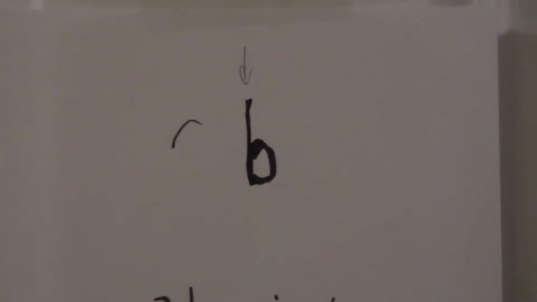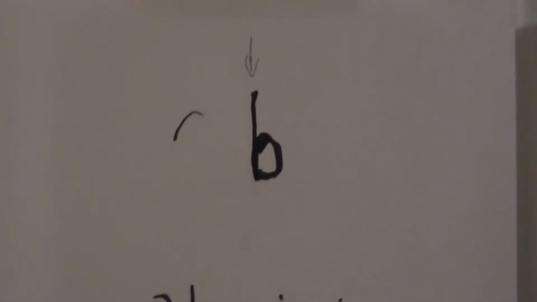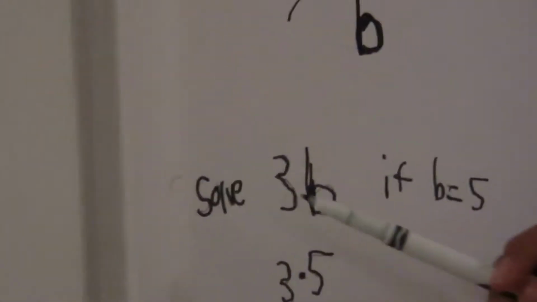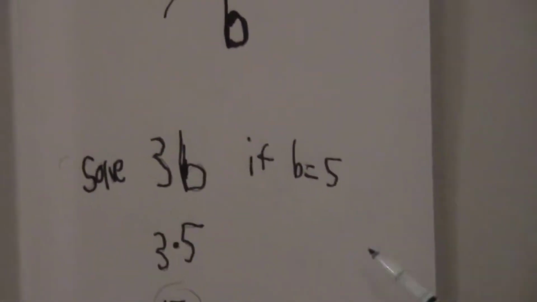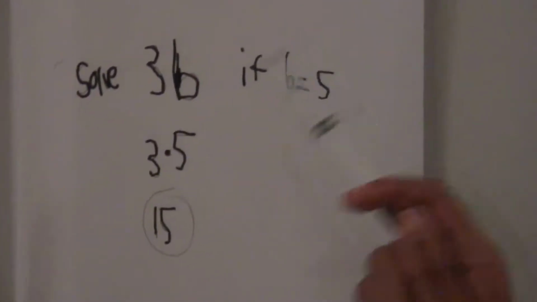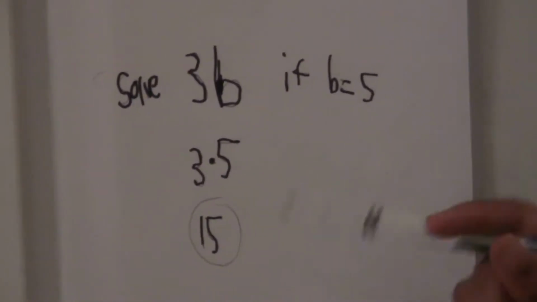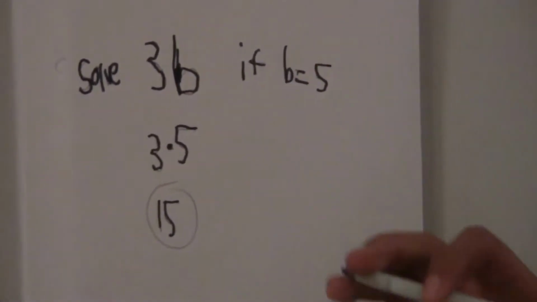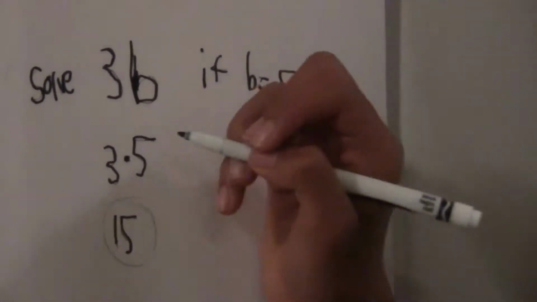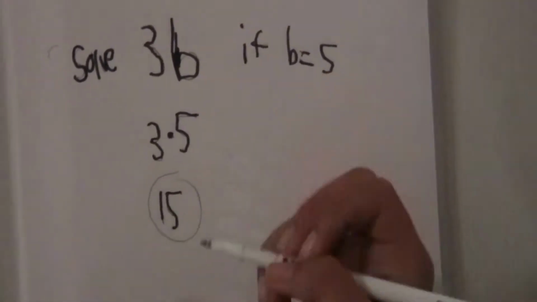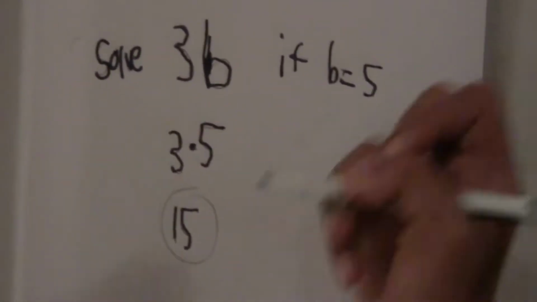Now, evaluate means substitute the letter for the number. So in this example, solve 3b if b equals 5. Always you must rewrite the problem. Well, that's only if you have it on a separate sheet of paper, but in this case, the first step is to substitute.